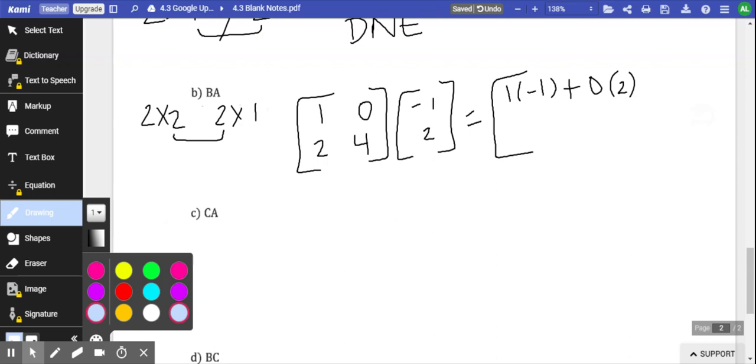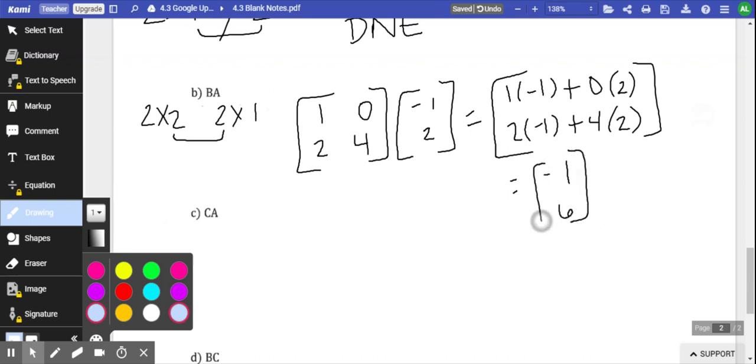And then I'm going to take 2 times -1 and add it to 4 times 2. So I get 1 times -1 plus 0 times 2 is just -1. And then 2 times -1 is -2 plus 8 is 6. So my matrix is -1, 6. And it is a 2 by 1 matrix.